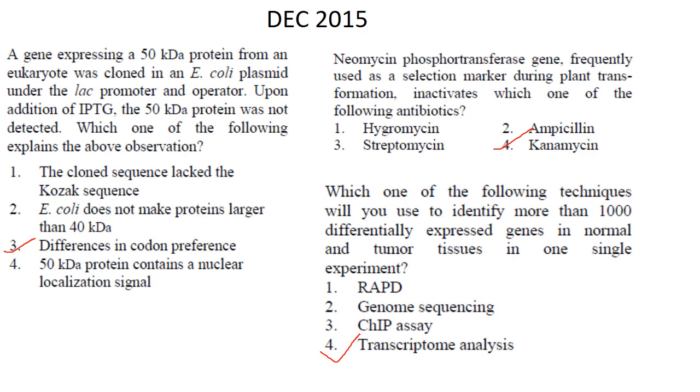Upon addition of IPTG, the 50 kDa protein was not detected. So you added IPTG to induce the lac promoter and operator, and the 50 kDa protein was not detected. Then, which one of the following explains the observation?